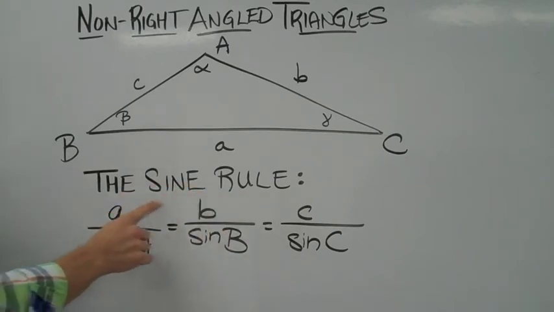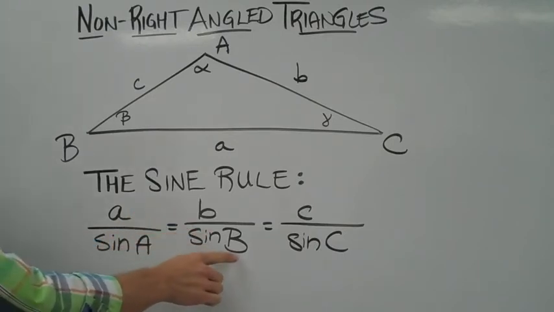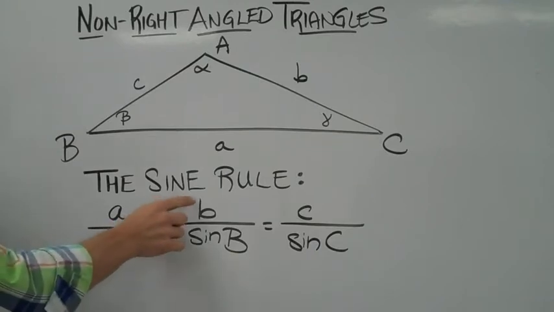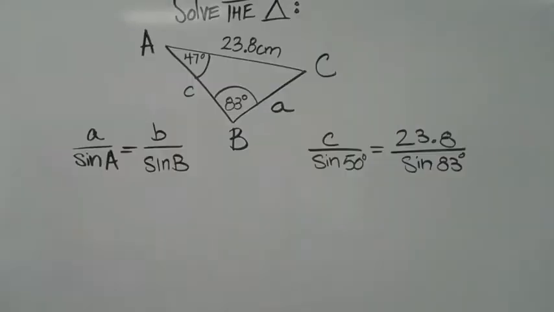If you have side a and side b and angle B, you can solve for angle A. If you have this angle and this side, you can solve for b. We need two angles and a non-included side, or two sides and a non-included angle, and we can use the sine rule.